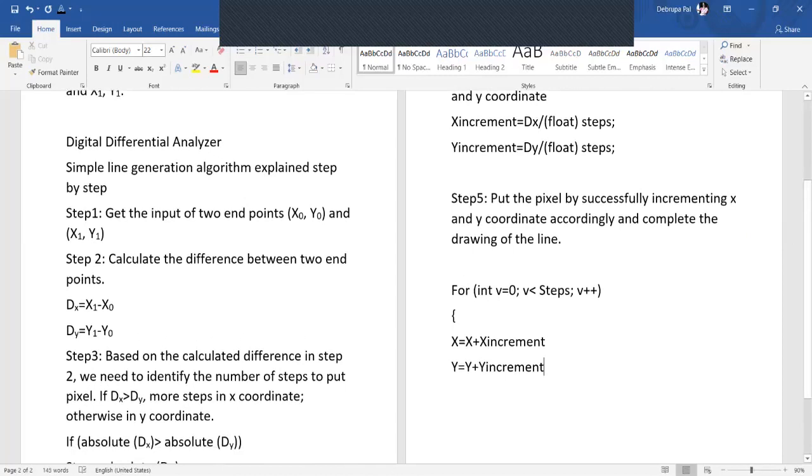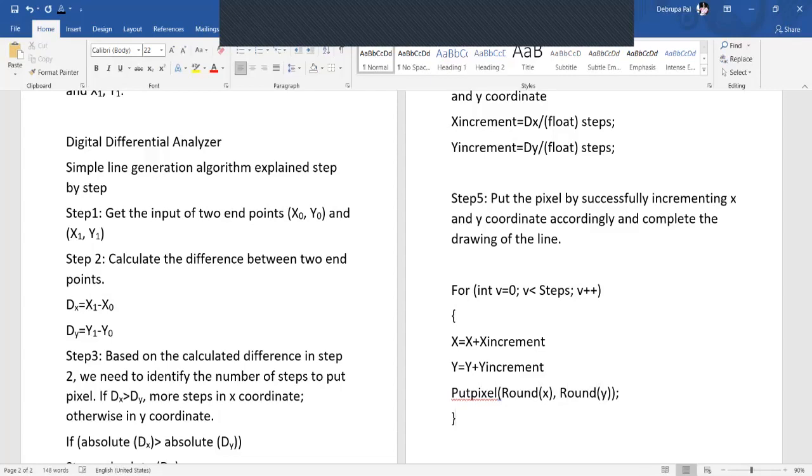Now based on the incremental value of x and y, we use put pixel round x, round y. Put pixel means this is the function used for drawing the point or illuminating the point in screen.